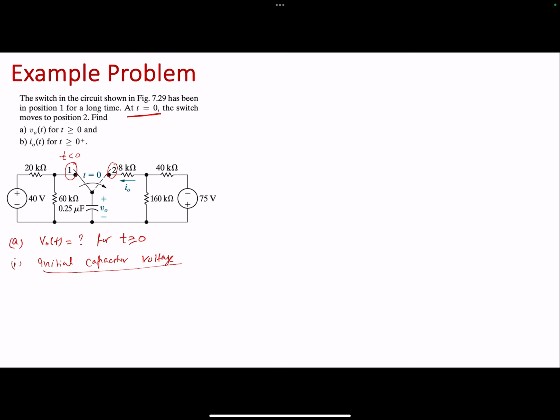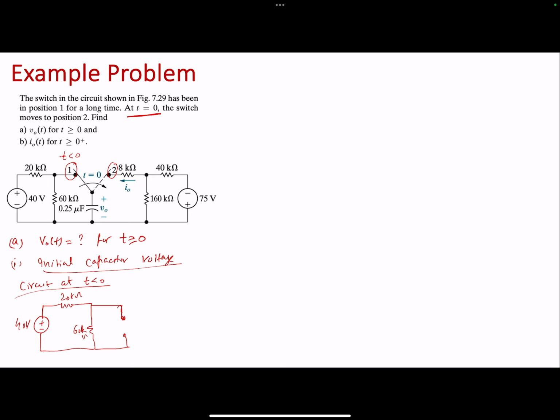If I draw the circuit at t less than 0, essentially it's the left hand side of the circuit. I would get a 40 volt source, a 20 kilo ohm resistor, a 60 kilo ohm resistor over here as well, and then a capacitor.